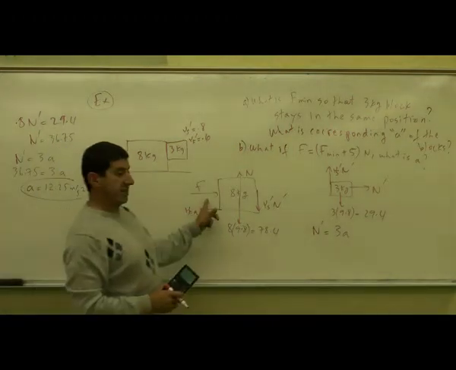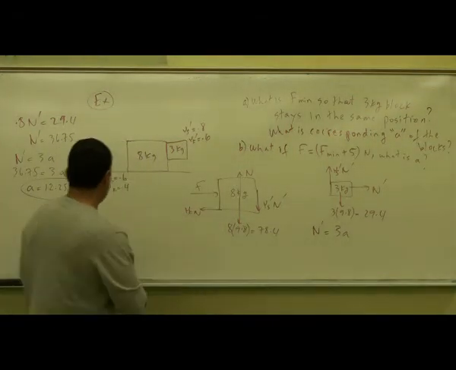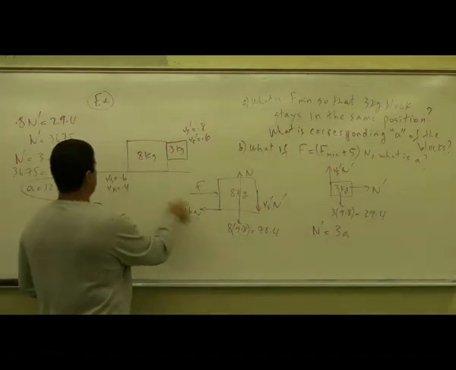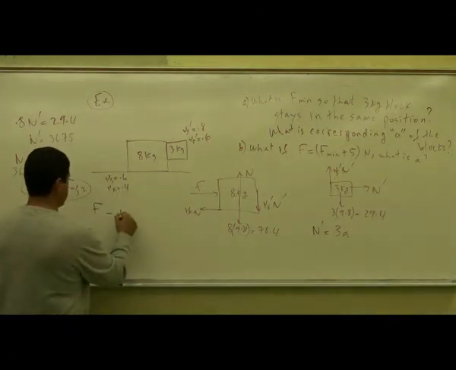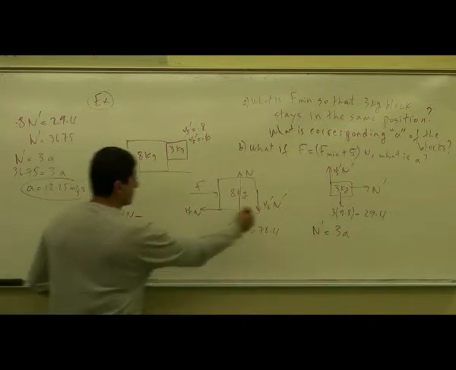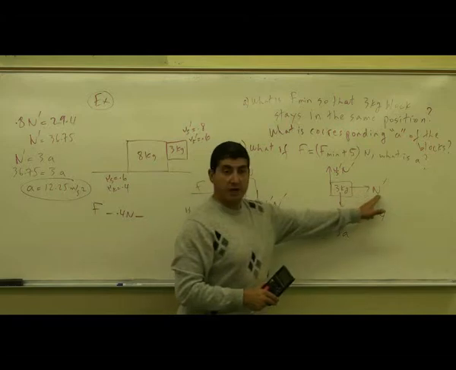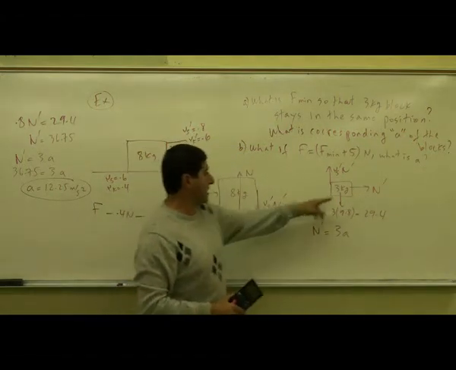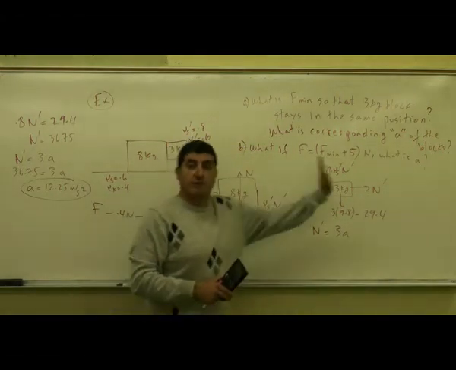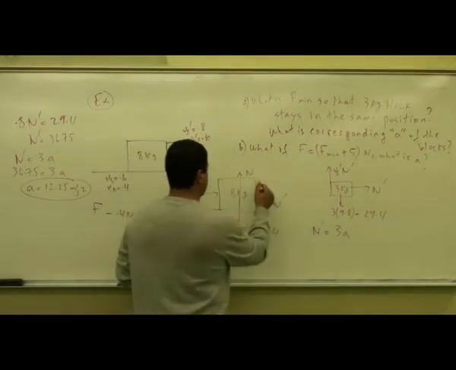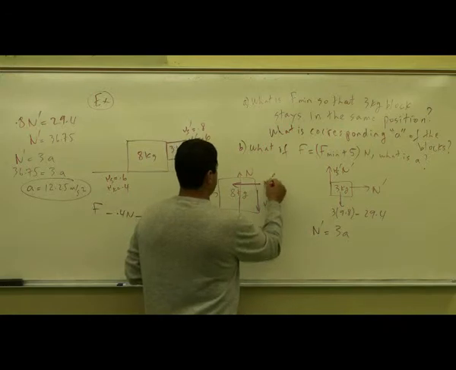Now you do the forces on the 8 kilogram block. F minus mu k N, mu k is 0.4, minus, now we also have to include the N prime, right? Because the 8 kilogram block is pushing the 3 kilogram block forward, the 3 kilogram block is going to push the 8 kilogram backward, N prime.